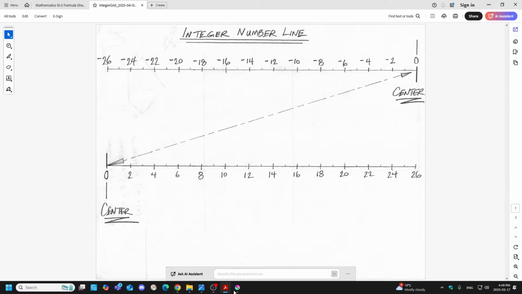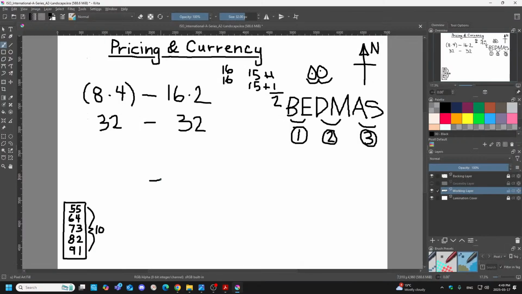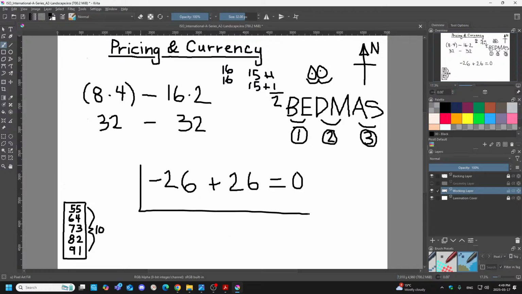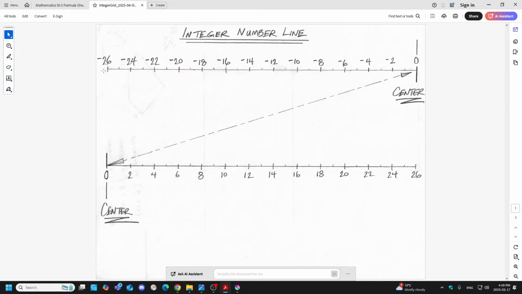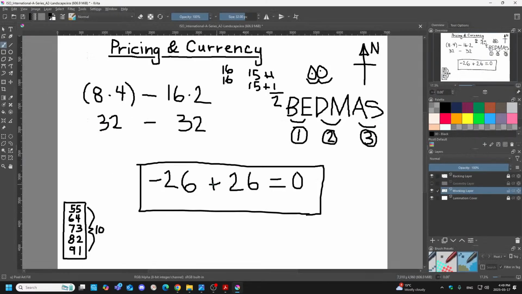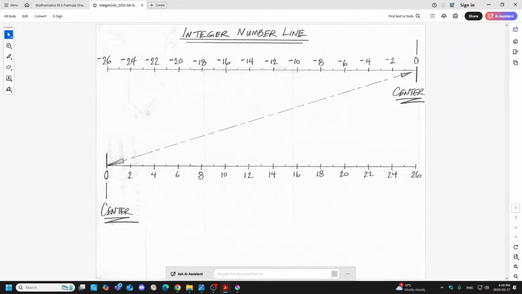Technically speaking, you're going to be going negative 26 plus 26. That's what it's going to be, right? Our answer is going to be 0, okay? I just wanted to go over the integer grid quickly. Okay, we need positive 26 jumps just to get to 0.